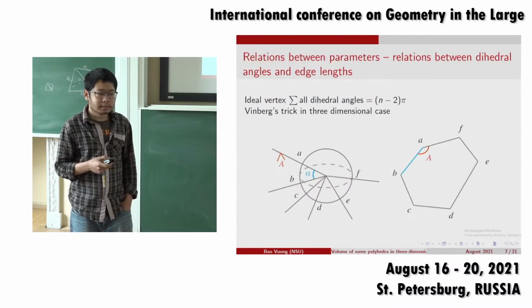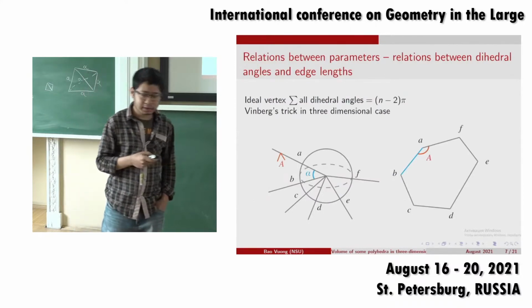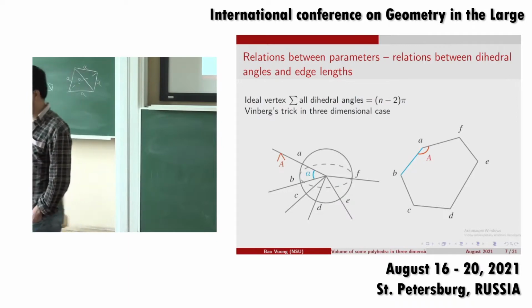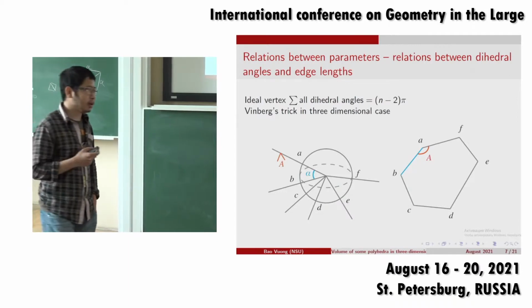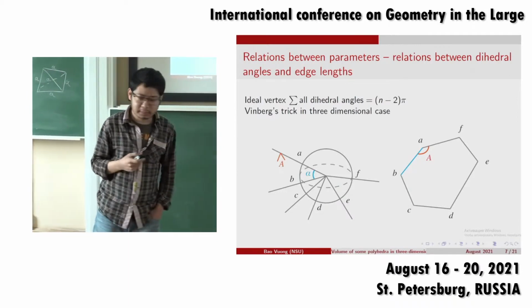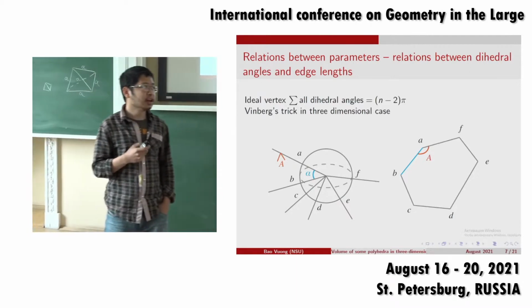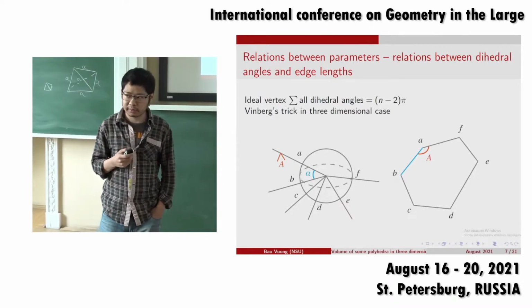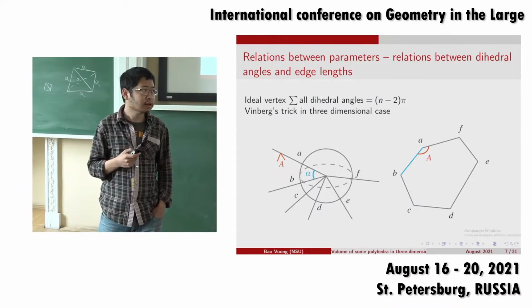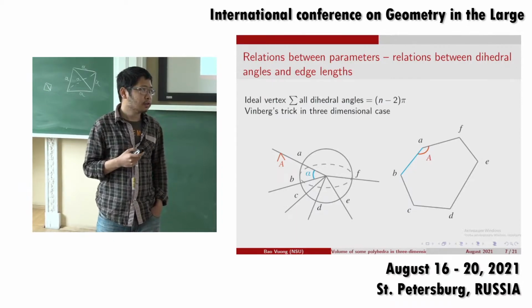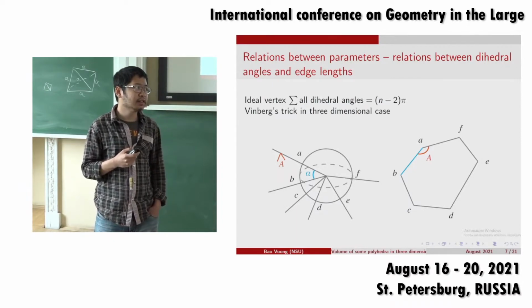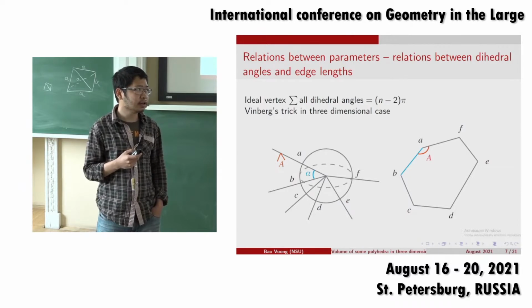So now, when using the Schläfli formula, we have to know some properties, namely the relation between the parameters which define the polyhedron. For the Lobachevsky case, it's the relation between the dihedral angle and the edge length.